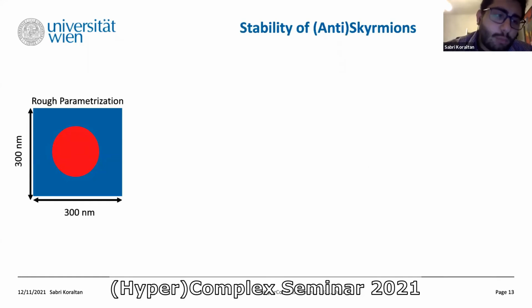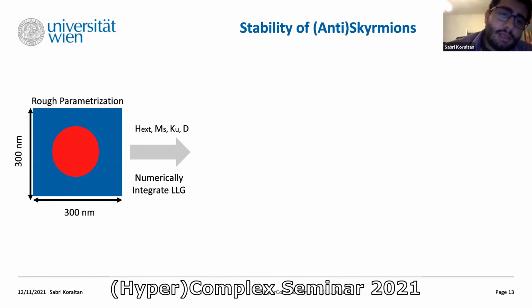For that, we start with a small geometry of 300 by 300 nanometers, and we put in there a rough parameterization of a skyrmion or an antiskyrmion to analyze its stability. Then for each set of parameters of applied external field, saturation magnetization, anisotropy, and DMI constants, we relax the structure, so we numerically integrate the Landau-Lifshitz-Gilbert equation until no more temporal changes are visible.